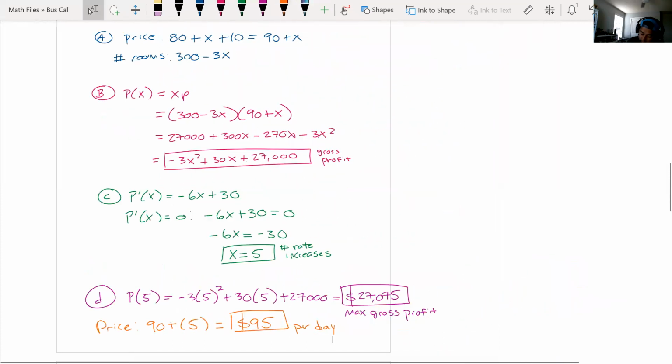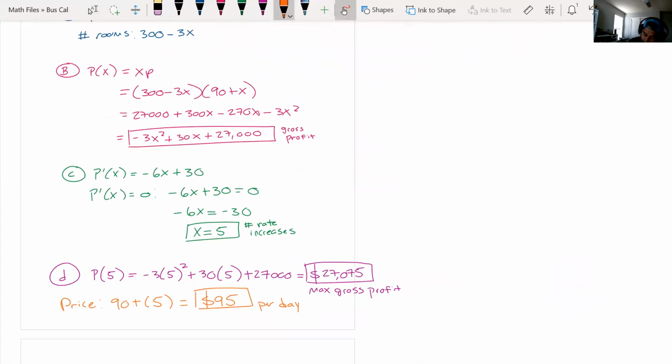And then the number of rooms: 300 minus 3 times 5, 300 minus 15, so 285 rooms will be rented out if we increase the rental rate by $5. That's still not bad.